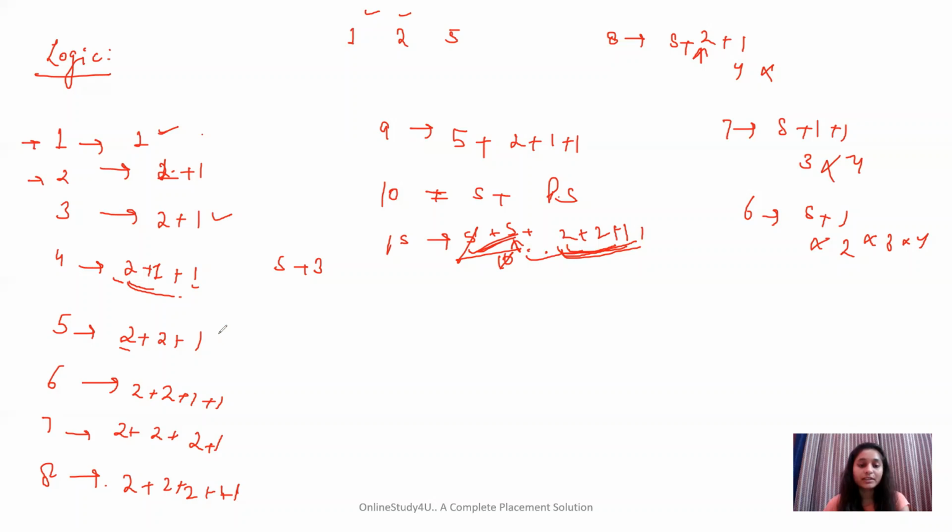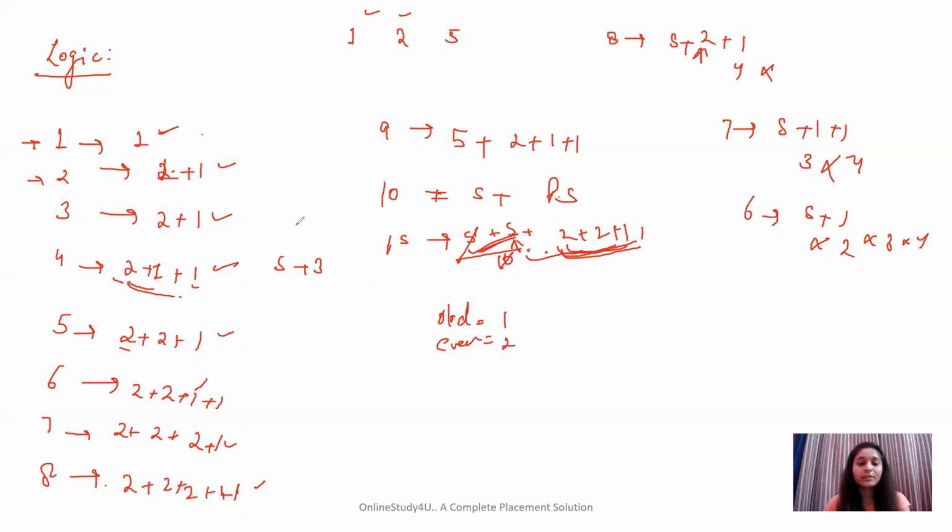For 5, again yes. For 7, again yes. Similarly for the even numbers, here 2 ones, 2 ones, 2 ones, and 2 ones. So for odd I'll be including one 1, and for even I'll be including 2 ones. So this is the pattern for ones.